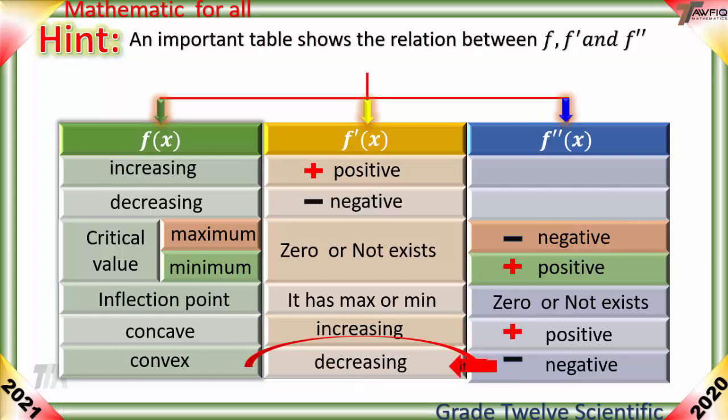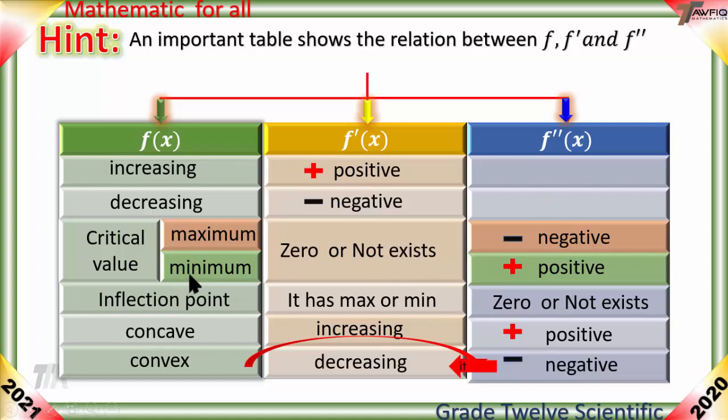This is a very important table. When the function is increasing, the first derivative is positive. When it is decreasing, the first derivative is negative. When it has a critical value or maximum or minimum, local maximum, local minimum, then the value of f prime is 0 or does not exist. And when it has a maximum, the value of f double prime is negative.